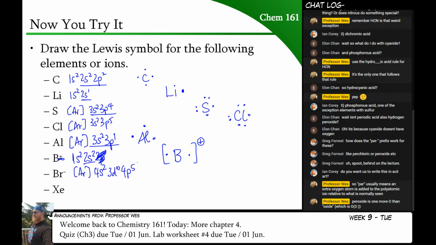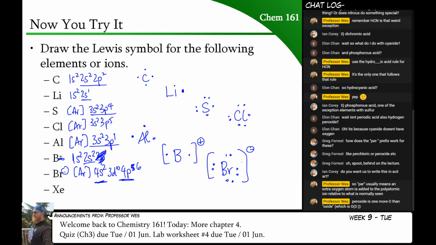Here's bromine. We only care about the valence layer, so we're going to have 7 valence electrons, but it's got this minus charge on it. So now it has 8 valence electrons, and so we'll draw that way. So 1, 2, 3, 4, 5, 6, 7, 8. So there's bromide.